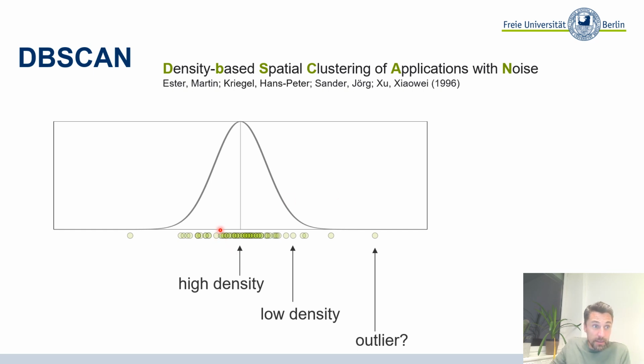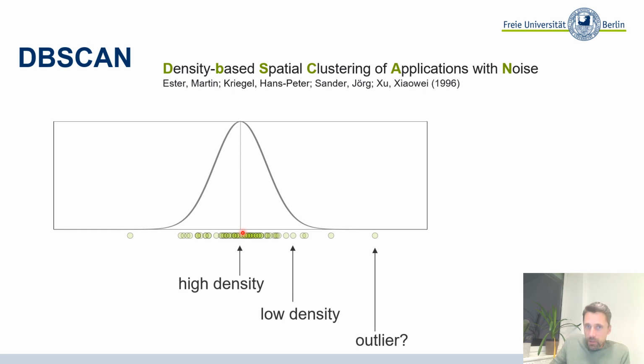So the basic idea here is that whatever cluster we have, it's the result of an underlying process of creating the data, whether that's a sensor reading or some measurement process of a human. Anyway, there's an underlying distribution that tells us how likely or how frequent certain measurements or observations are.